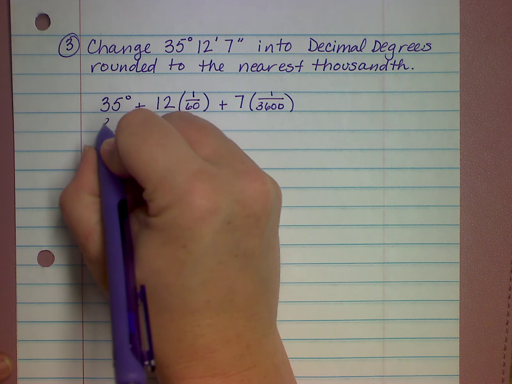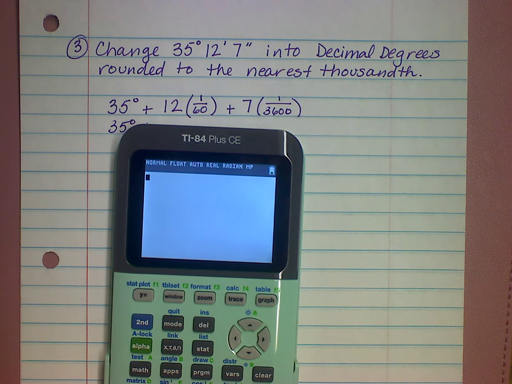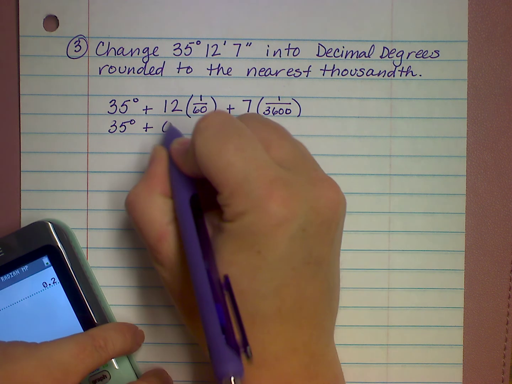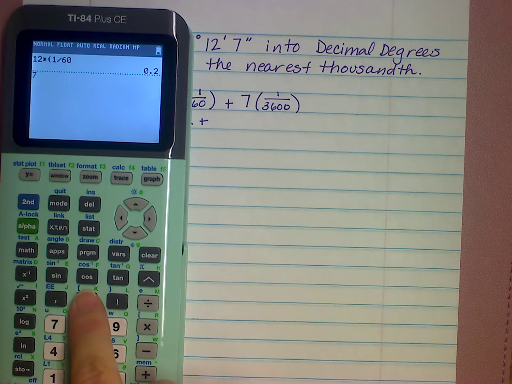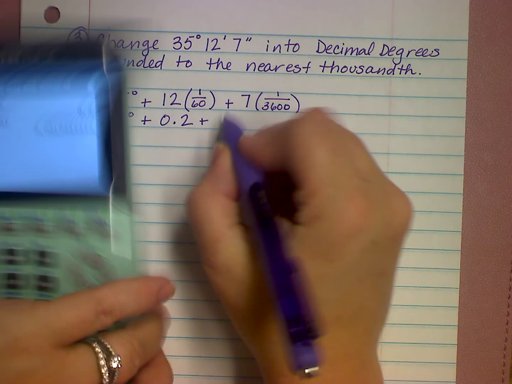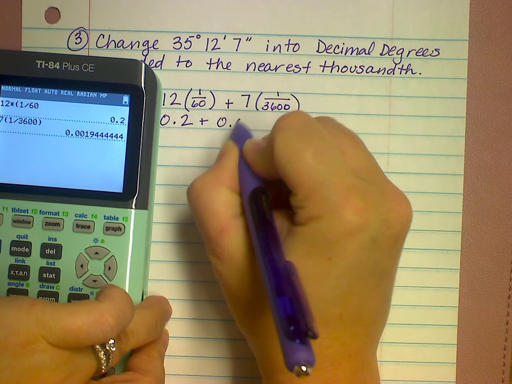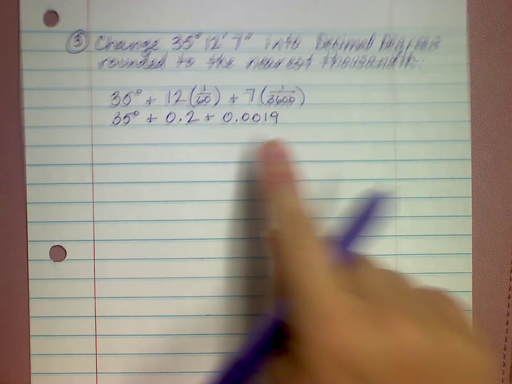So let's see, 35 degrees plus, what is 12 times 1/60th? 0.2. And then 7 times 1 over 3600, I get 0.0019, and just give yourself about 4 digits there.